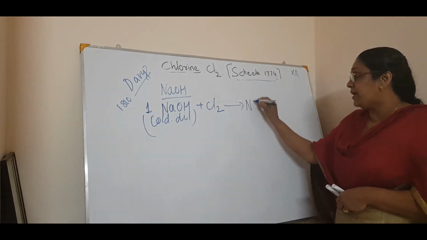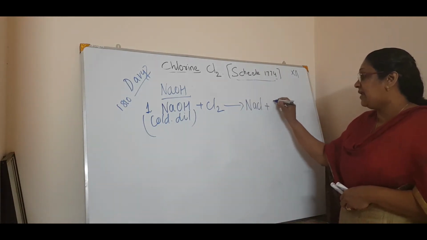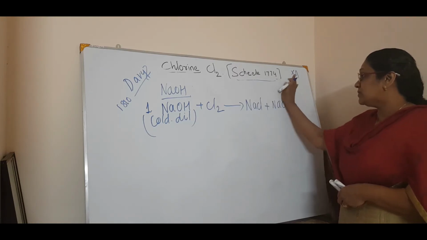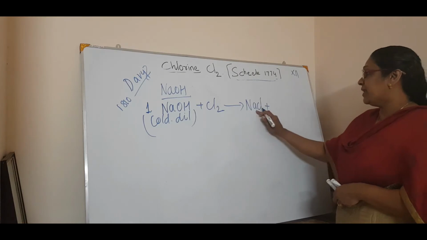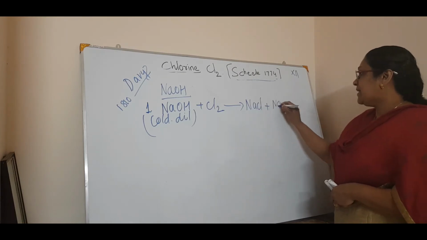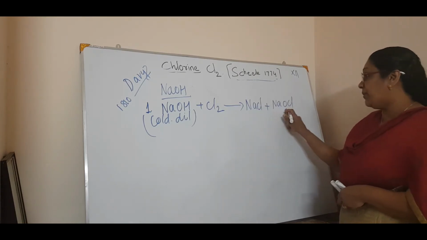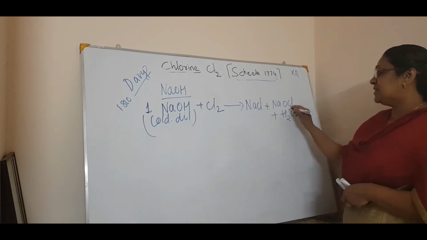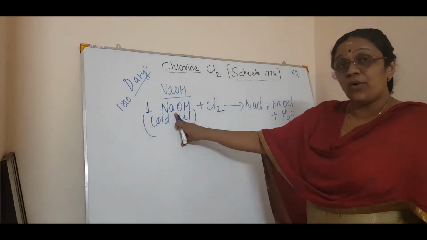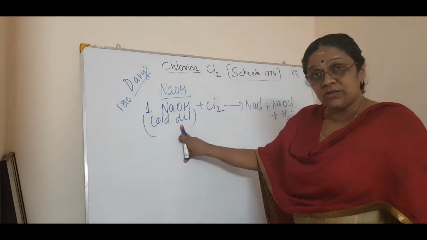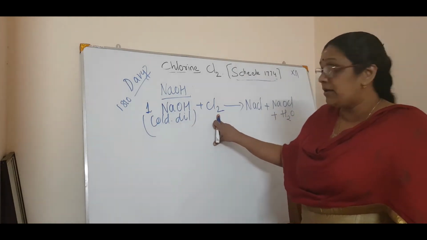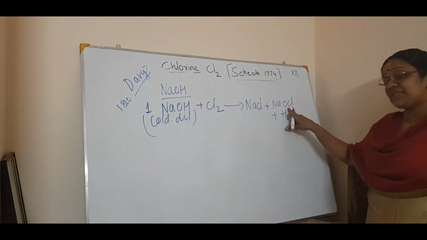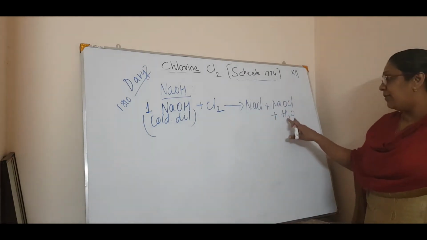The product you will get is NaCl, that is sodium chloride, plus NaOCl, sodium hypochlorite, plus H2O. So, when NaOH is cold and dilute and reacts with chlorine, you will get NaCl, the corresponding chloride, plus hypochlorite plus water.